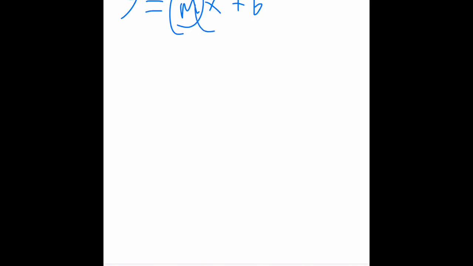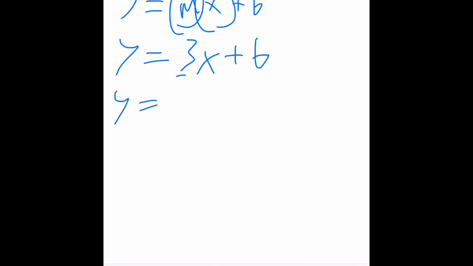And if the m does not have anything below it in fraction form, then it will always be 1, so you don't need to do anything. Like, let me show you. If you have y equals 3x plus b, it's the same thing as y equals 3 over 1x plus b, because this just acts as the 1.